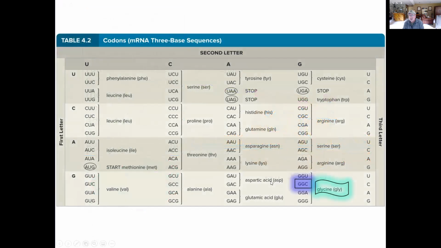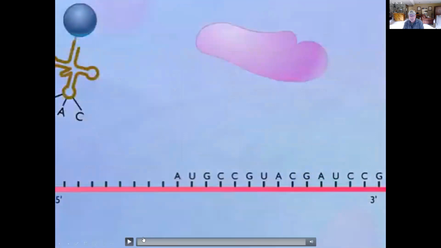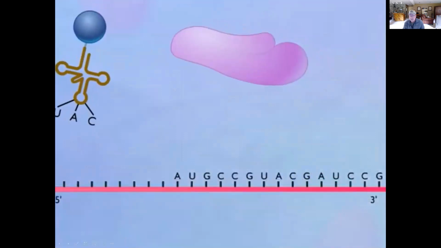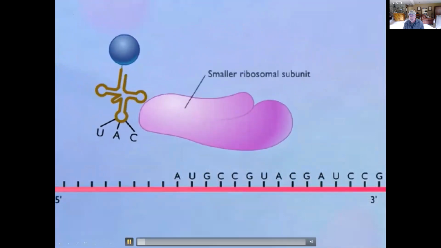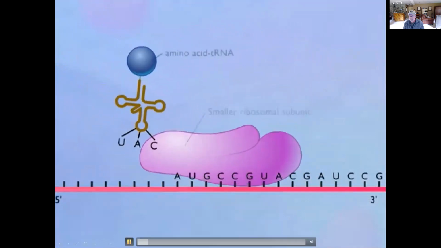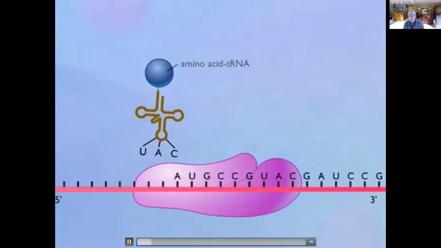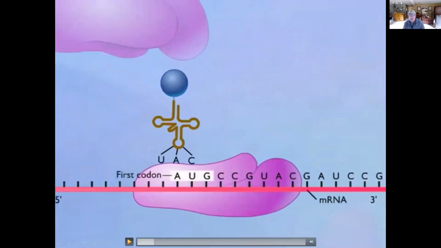So let's watch this next video. Translation is initiated by formation of an initiation complex consisting of the smaller ribosomal subunit, the first amino acid tRNA, and messenger RNA. So this is simply describing the initial steps of translation.